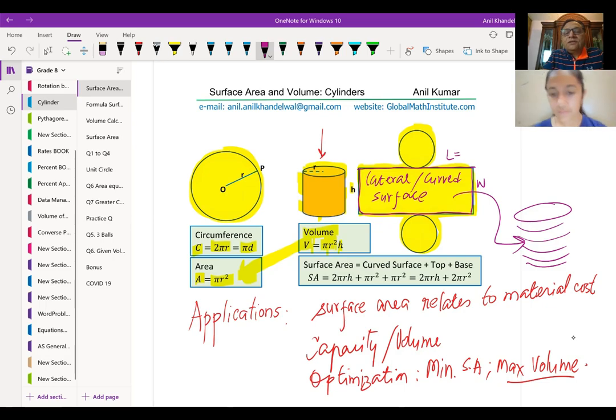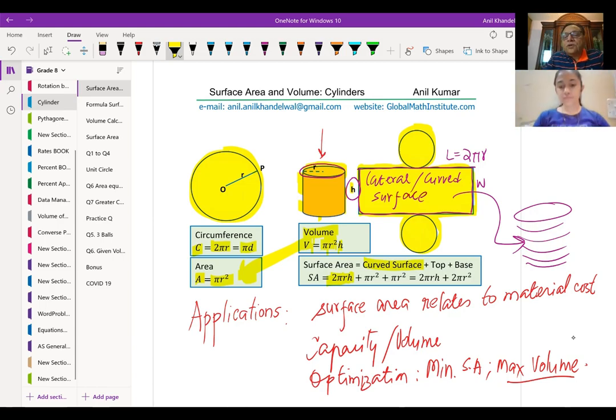Because it is a circle, the length is 2 pi r, correct? And what is the width? Width is the height of this. Therefore, the surface area of the curved surface is 2 pi r times height h. So that is the surface area of the lateral or curved surface of the cylinder.